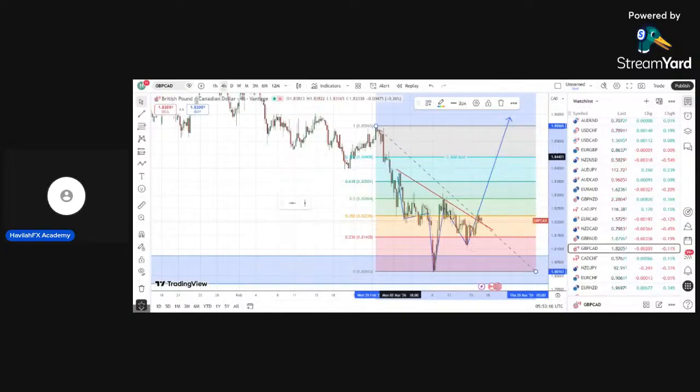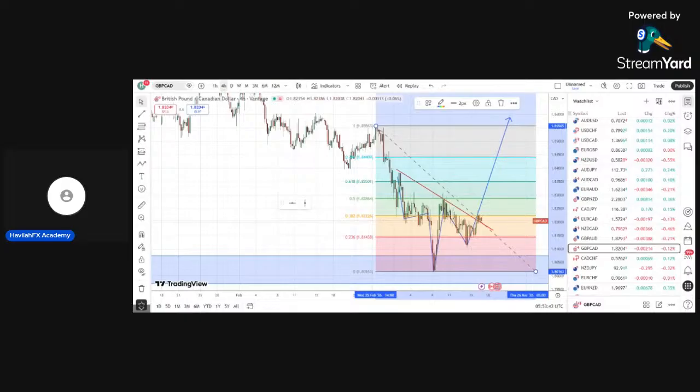So I'm very, very bullish on the GBP/CAD on the 4-hour. You can see that both on the weekly time frame and the 4-hour time frame, we have the same direction in view. The setup on the weekly is a support and rejection candle, and on the 4-hour we're seeing an inverse head and shoulders pattern, which is confirming the bullish direction price is expected to go. So I'm bullish on the GBP/CAD.